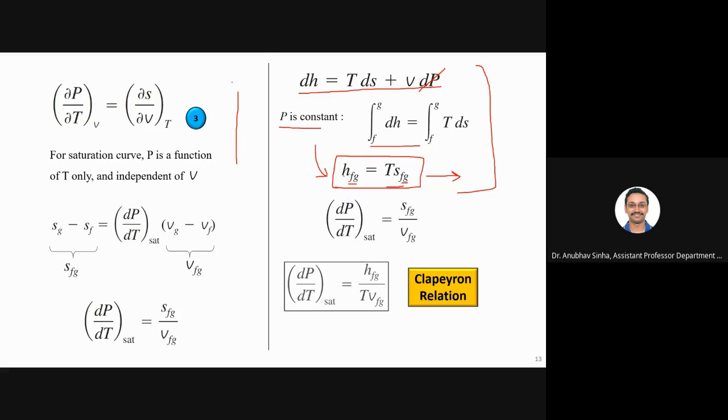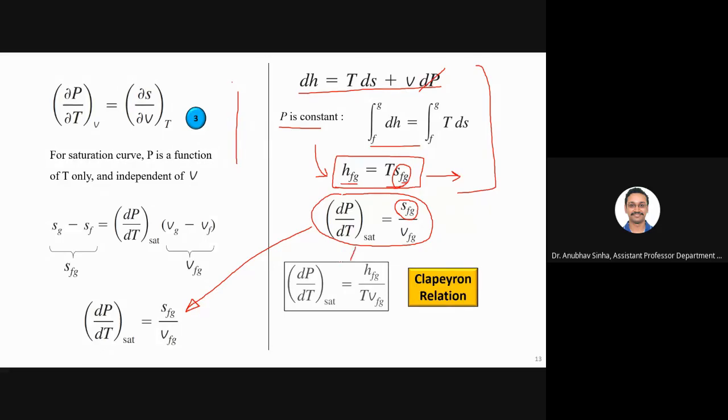Now this is what we have derived here, and this is what we found from this. If you combine these two, in this relation, SFG is H divided by T.